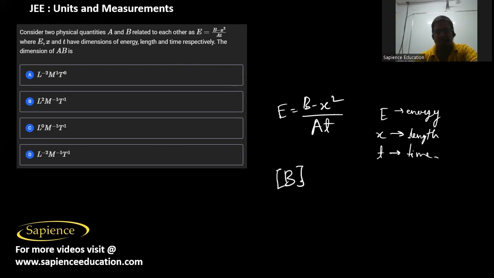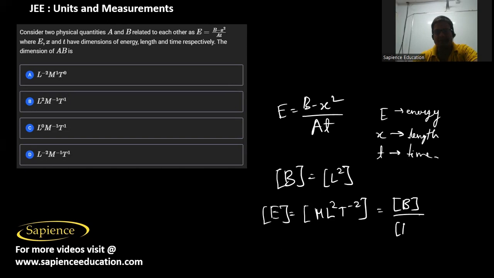the dimension of B should be equal to L square, since B minus x square is written. And the dimension of energy is force into displacement, so it is ML square T power minus 2. So it means the dimension of energy will be equal to the dimension of B divided by the dimension formula for AT.